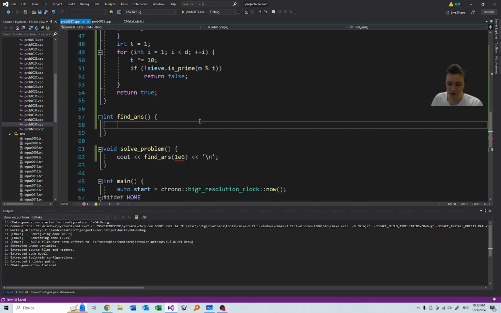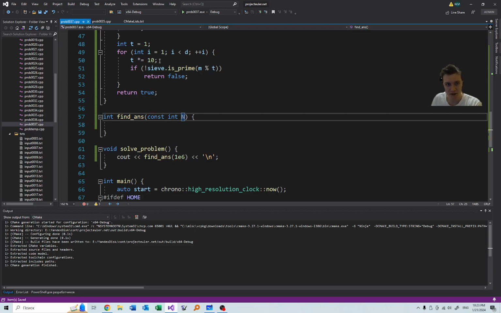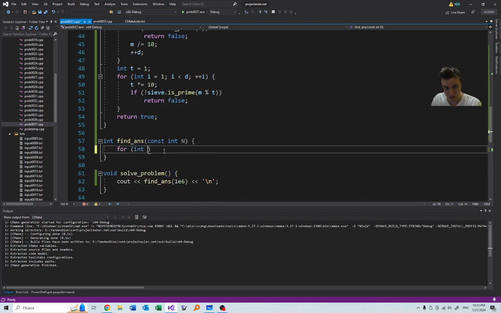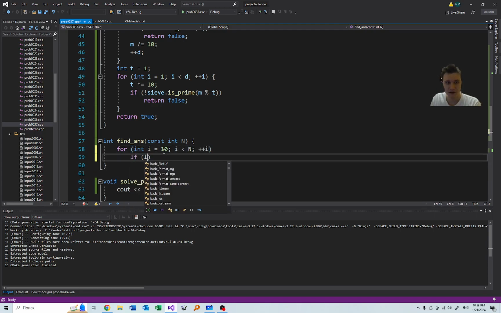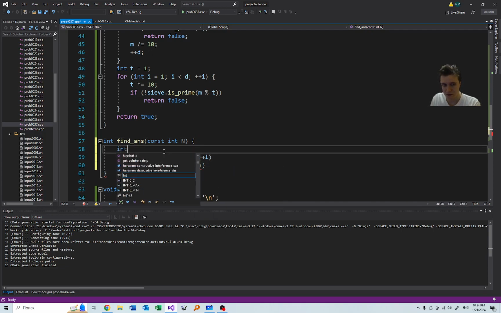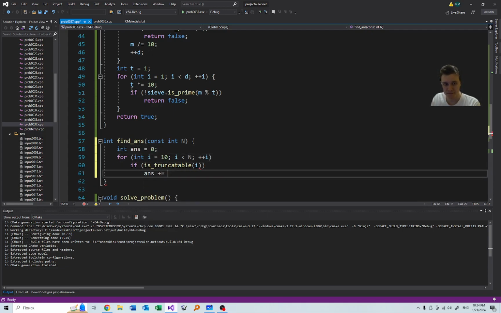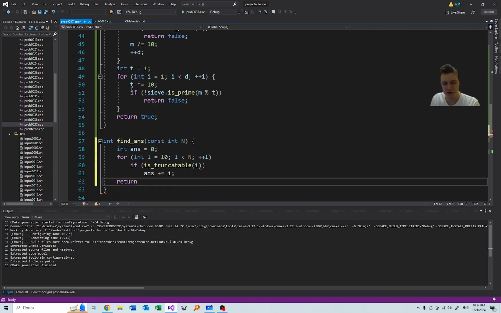Okay, and in the find answer, we also have this number n. We go through all numbers from 10 to n and check if they are truncatable. If i is truncatable, then ans plus equals i, and it returns.